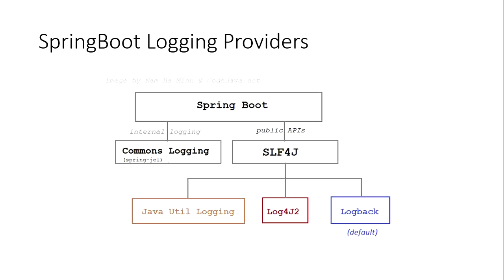After that, log4j2 came into the picture. Log4j2 has fixed a few issues which exist in both log4j and logback, and it has come up with new features like asynchronous programming, the asynchronous way of logging.